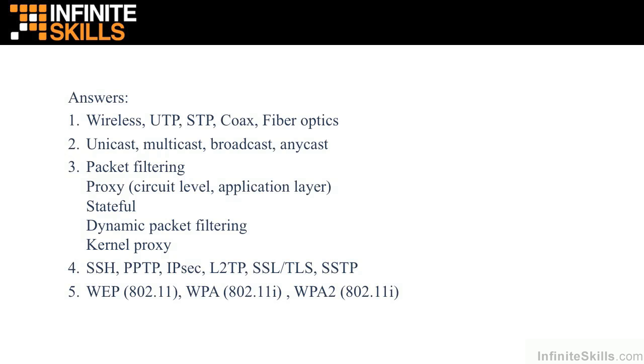We have layer 2 tunneling protocol. This guy does not provide any form of encryption, but does encapsulate whatever you're transmitting in a layer 2 frame. So it is usable over all layer 2 wide area networks like ATM, frame relay, X.25.